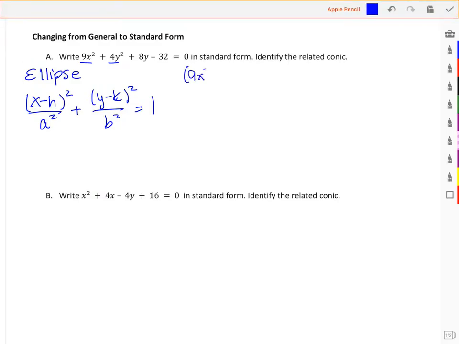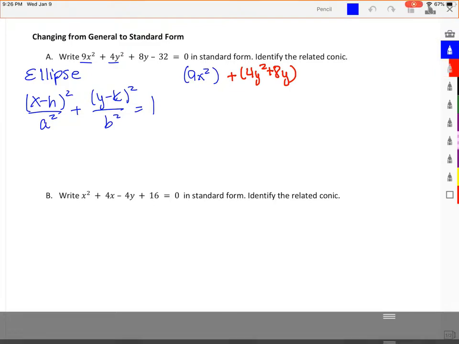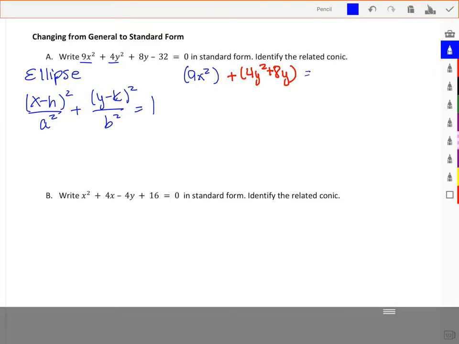So I've got 9x squared. Oh, I only have one. Okay. And you put the y's together. So 4y squared plus 8y. And you move the constant to the other side of the equal sign. So plus 32 right there. Okay. Then you complete squares if you can.